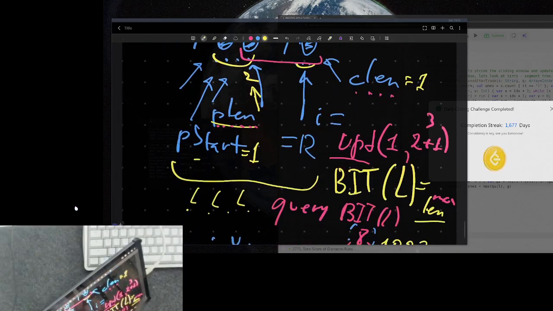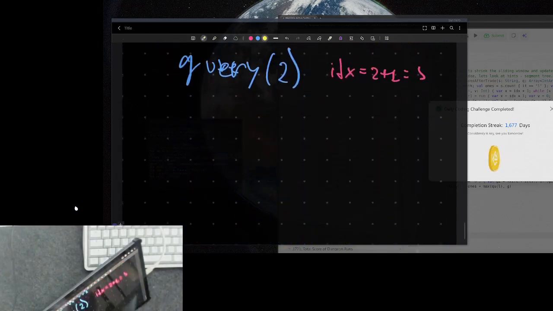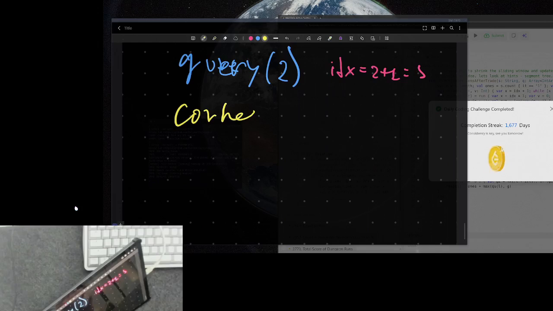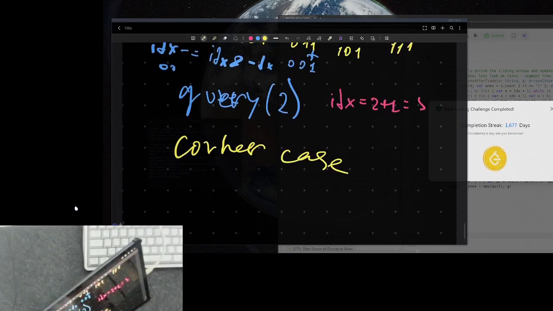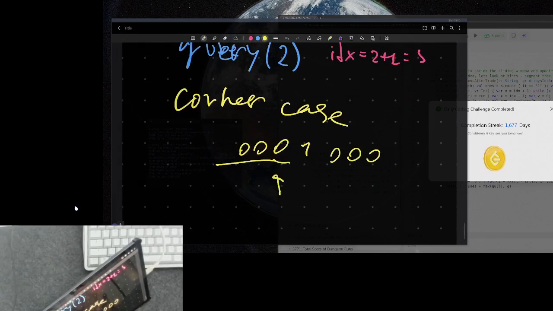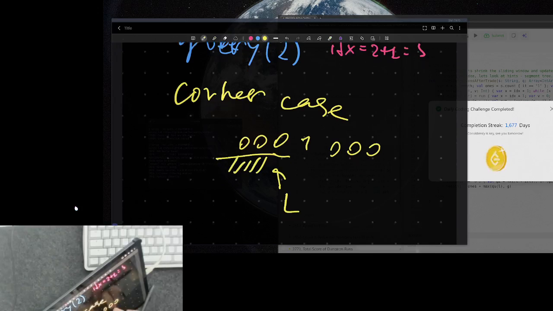So we have to introduce a corner case just for this left prefix of zeros that we could have skipped.